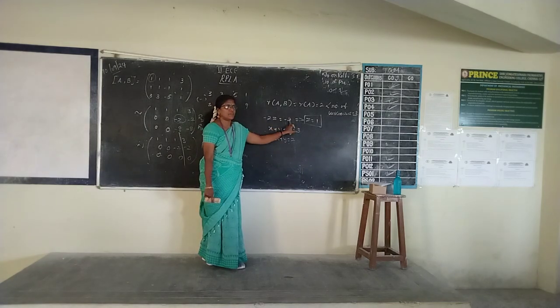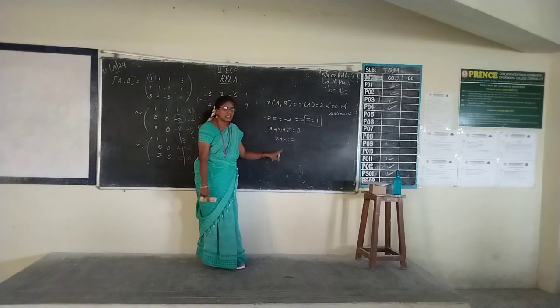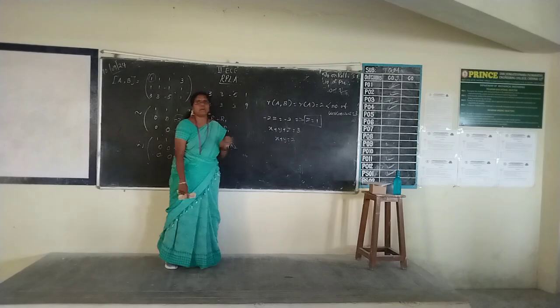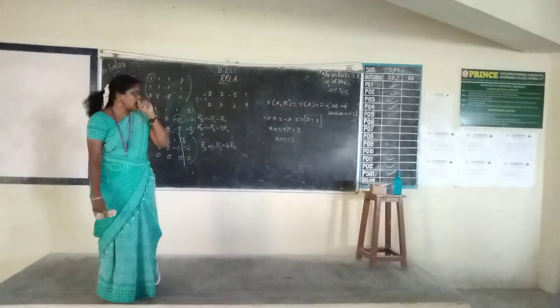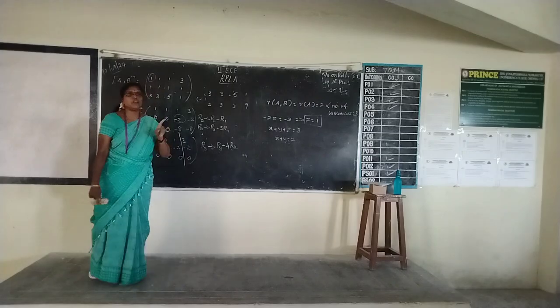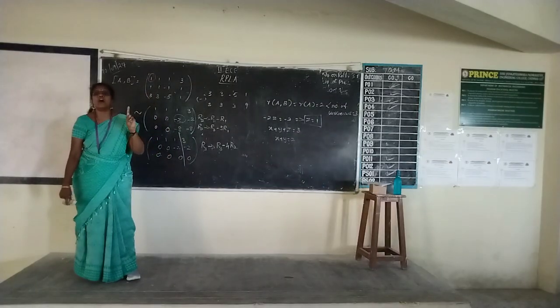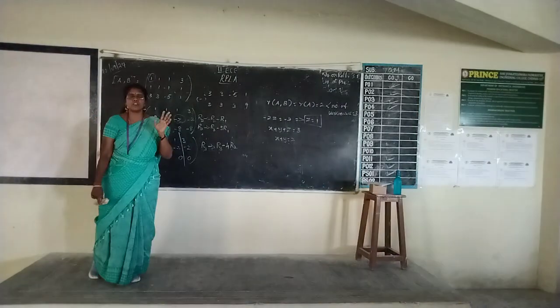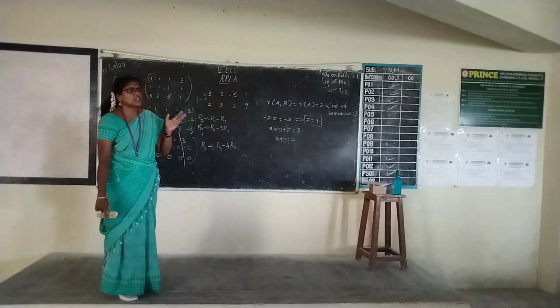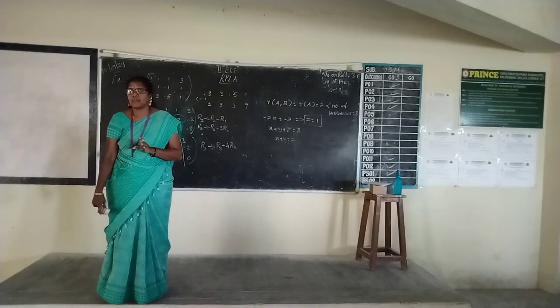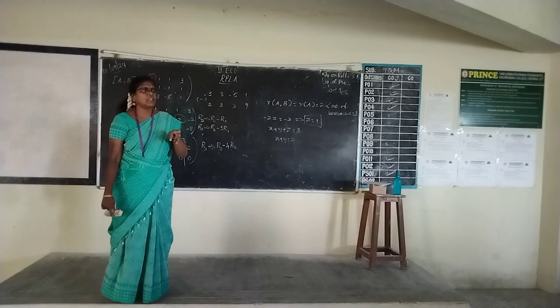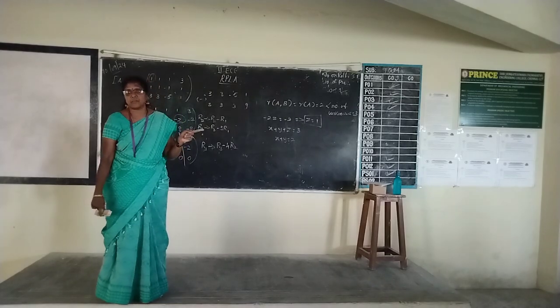We have only this one equation alone, but you are supposed to find two unknowns. That is not possible. So in this case, assume any one of the variables to be an arbitrary constant. You can use the notation A, B, C, or K1, K2, K3. According to the K value, the solution will change.